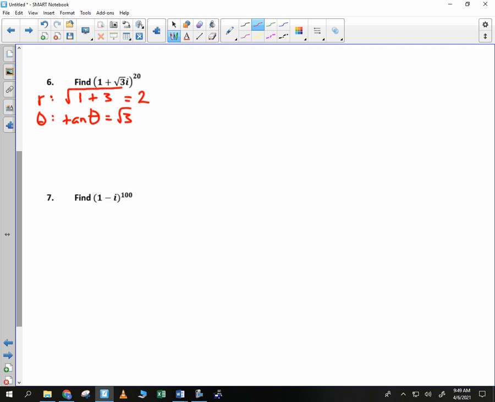I'll have to show you at the end of class. It's going to be so fun. All right. So 60 degrees, which in radians is? Pi over 3. Whoa, look at how quickly we're coming up with trigonometric form. We've got 2 times the cosine of pi over 3 plus i sine of pi over 3. Sweet.